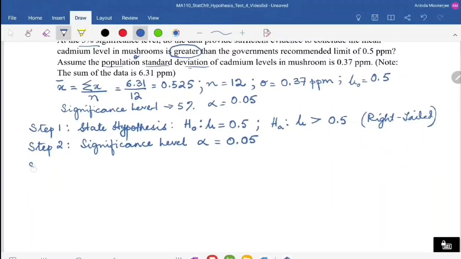And then step 3 is to find the test statistic, and that is your evidence. The evidence comes from the data of our sample study. So find the test statistic. That's the next step, step 3. And we will use our formula.